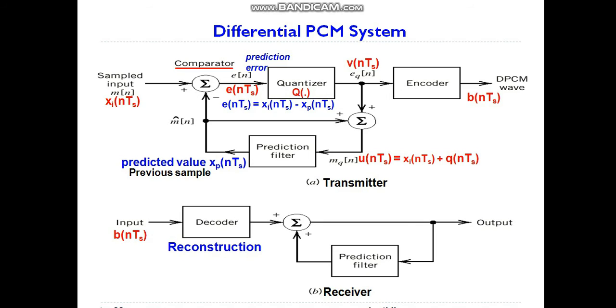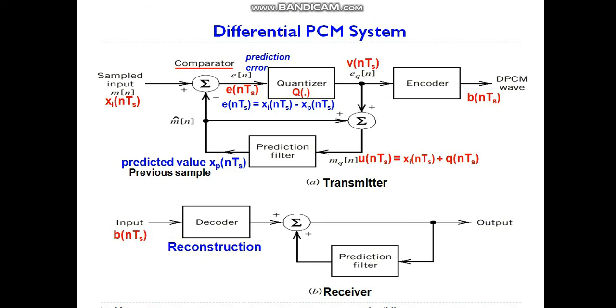Here is the difference between the sampled signal and the prediction filter signal, e of nTs. This difference e of nTs is quantized by the quantizer. Here the predictor presents the estimate of the signal from the quantized difference and previous estimates. Next the DPCM receiver. The predictor generates the present reconstructed signal, that is x bar of nTs.